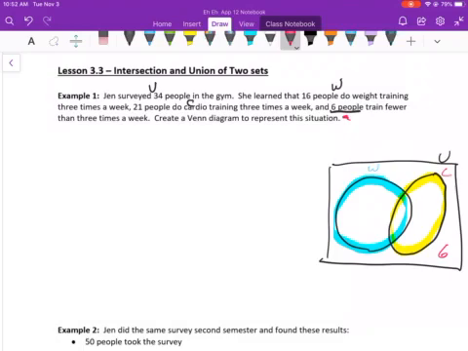Now, I would like to know how many people are in this intersection. So I can just say, let X be the number of people who do weight training and cardio. And this idea of we have to exhaust the space, that is, we have to consider the whole universe.